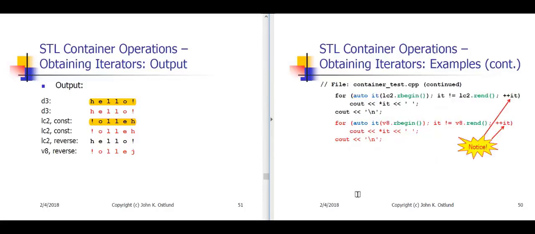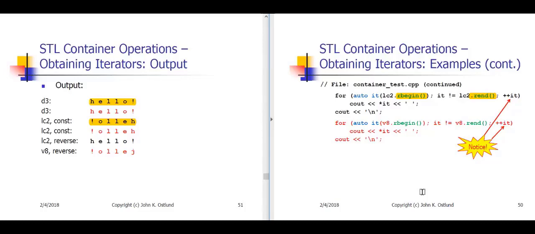Here on slide 50, we have a couple of for loops using reverse iterators to step through the elements of a couple of containers in reverse order. So we're initializing our iterator it with lc2.rbegin. That's going to be a, quote, pointer to, unquote, the little h that is at the end of lc2, and lc2.rend is going to be just prior to the exclamation mark at the beginning of lc2.